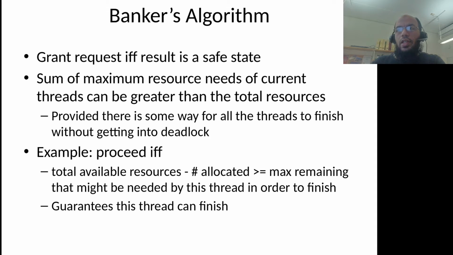An example is that you proceed if and only if the total available resources minus the number allocated is greater than the maximum remaining that might be needed by the new thread that is starting. That guarantees that this thread can finish, although it will have to wait for some of the other threads to finish in the beginning.